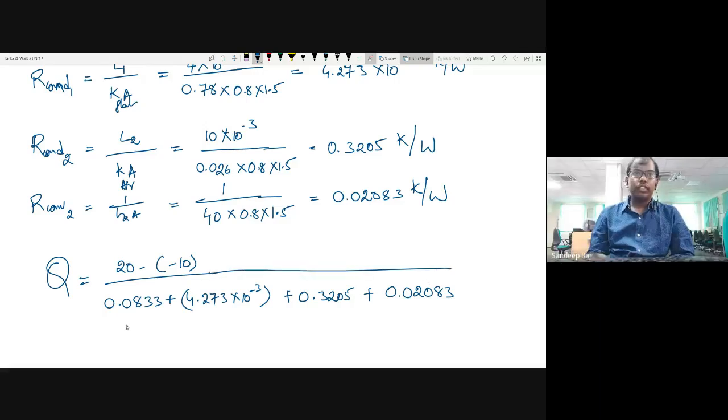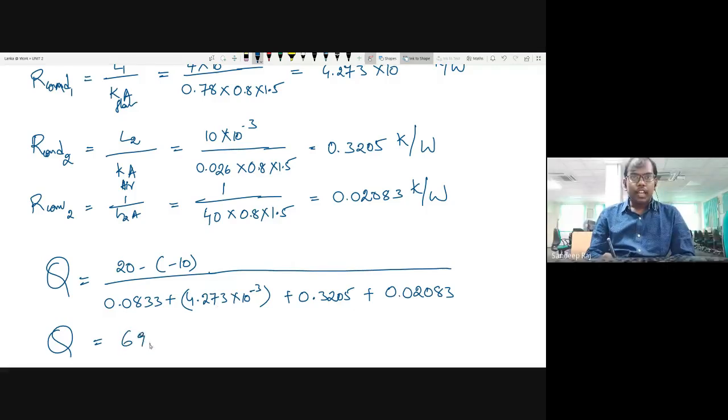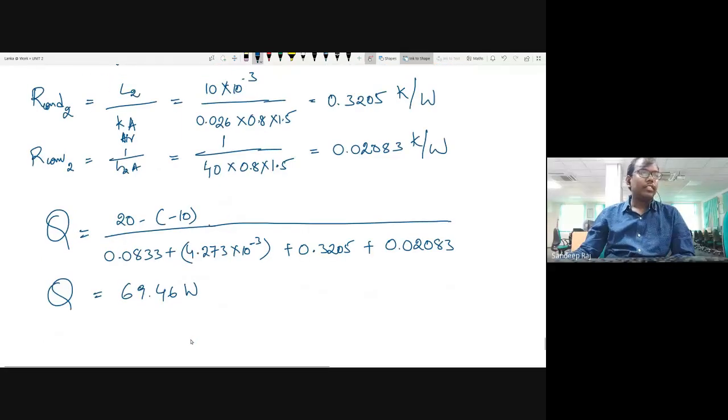This is what you have in the denominator. So tell me, what is the value of Q? 69.46 watts. Very good.